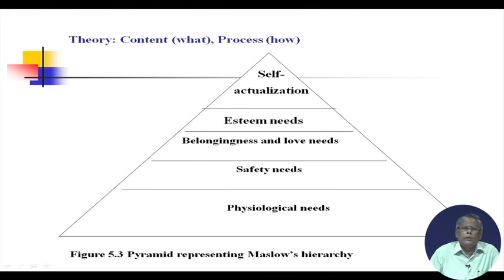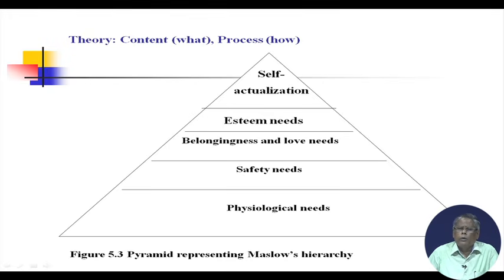And lastly, he will satisfy the self actualization needs. The self actualization need speaks of the individual doing what he internally feels like doing, the higher self, what the individual internally wants to do.